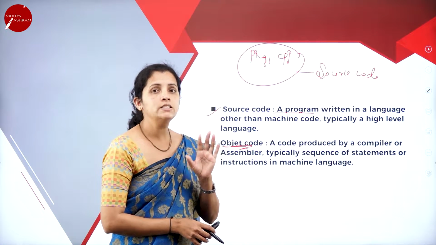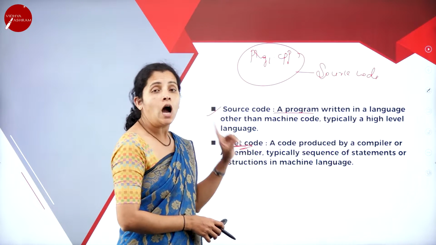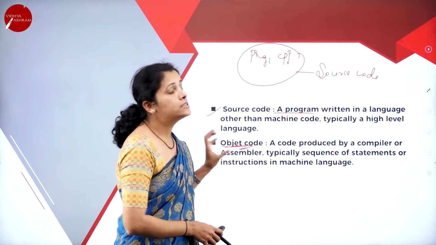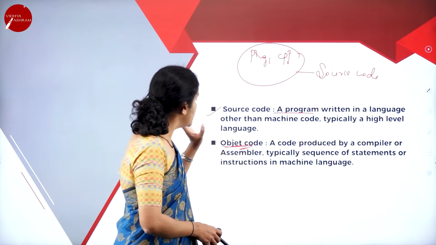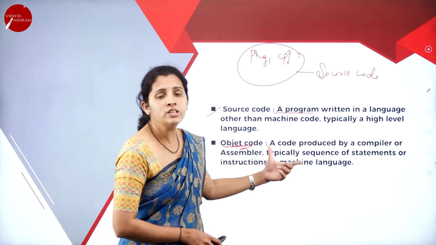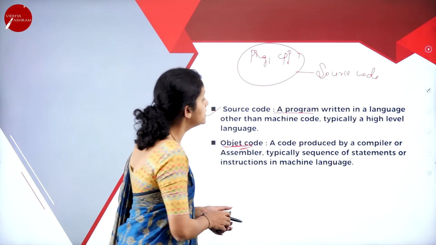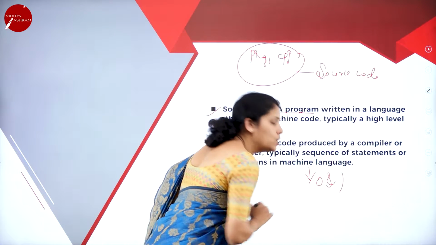So dear student, just remember one thing here, that object codes are always produced by the compiler and it's nothing but a sequence of instructions, and that is in the form of machine language. If it is in the form of machine language, then obviously it is nothing but zeros and ones.